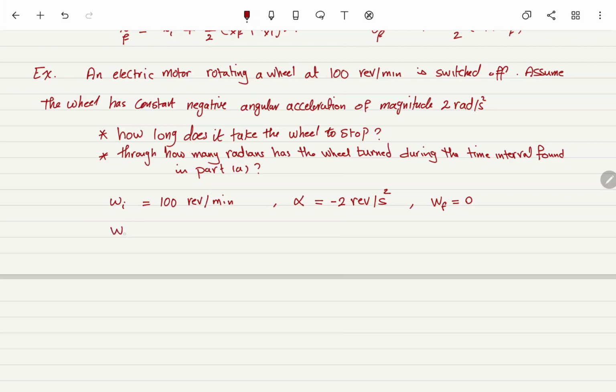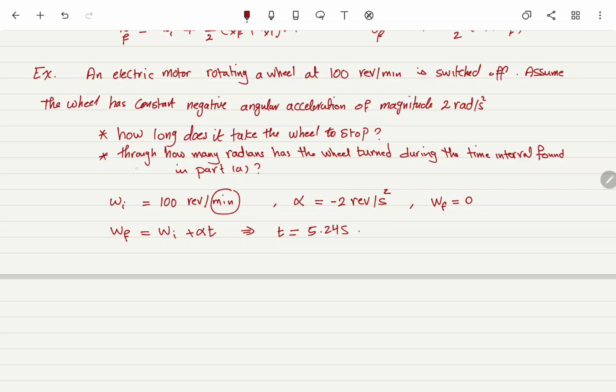So omega final equals omega initial plus alpha t, and you just substitute the numbers we have here, and t in this case is 5.24 seconds. And remember, don't forget to change minutes into seconds.